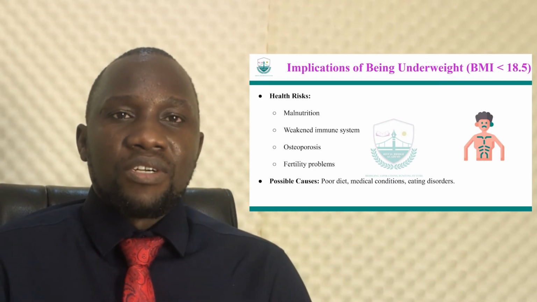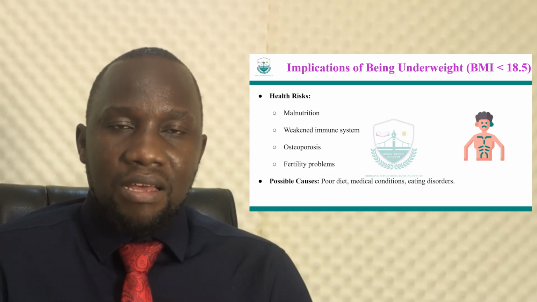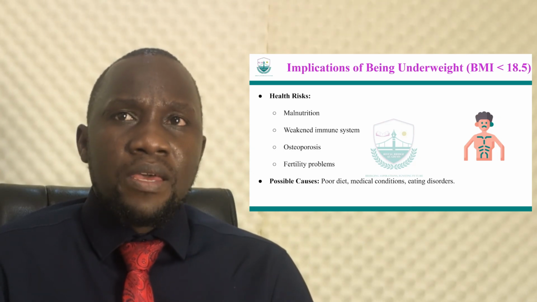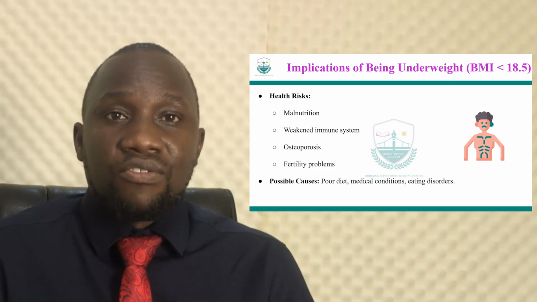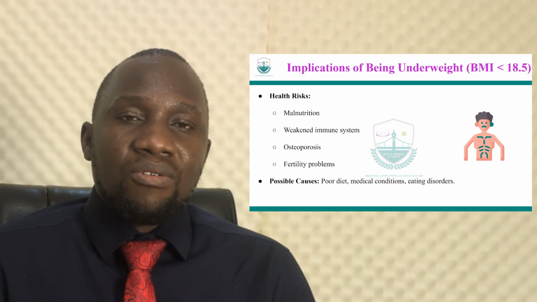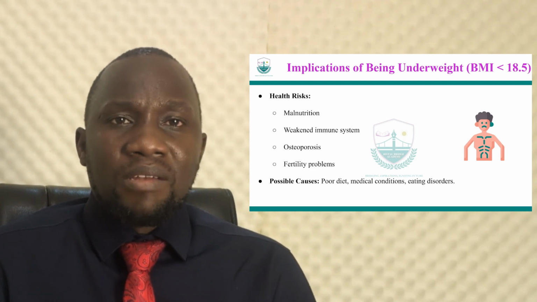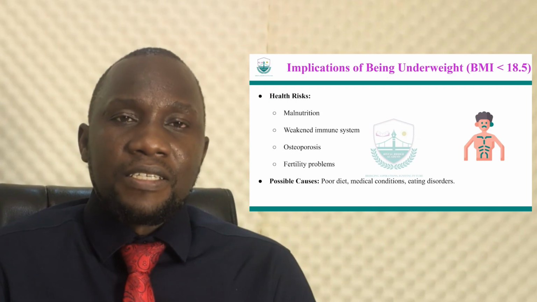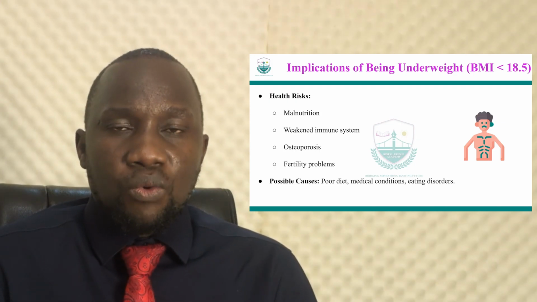If the person is, for example, undernourished, they can easily get infections because their immunity is actually low, and it could be difficult for them to conceive if it is a woman, or if it is a man, they may actually be infertile. So if you have an abnormally low BMI, that is less than 18.5, those are the health issues that you get.